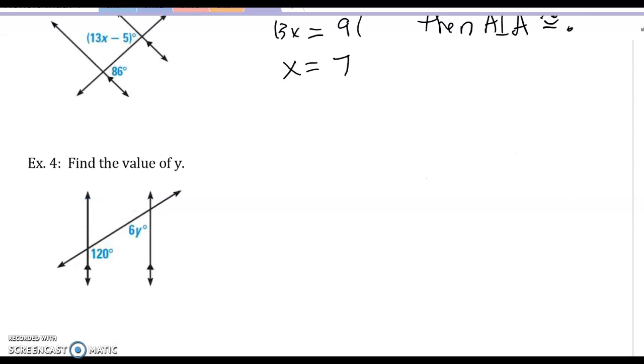Okay, let's finish up with example number 4. Write an equation to help you solve for y, but also make sure you state your justification for that equation. So for this one, you should have written the equation 6y plus 120 equals 180. What is the reasoning?